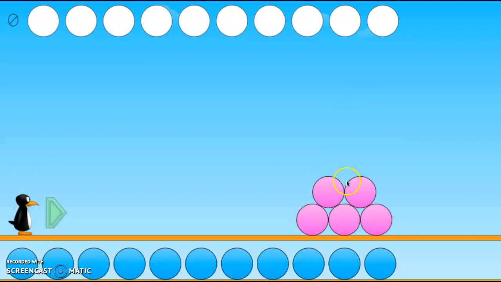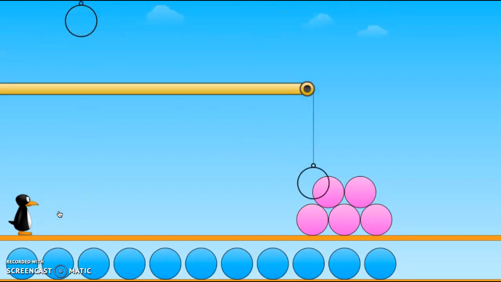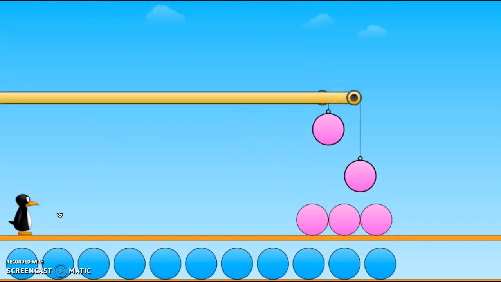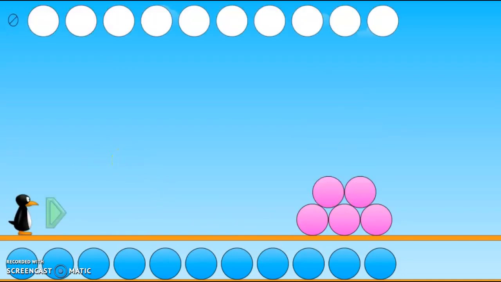We have 1, 2, 3, 4, 5. But let's say a student can't get this question right, and they only count the first 2 instead of the 3 on the bottom. Let's see what happens then. Gigi can't cross, and they're given another opportunity to solve the problem.